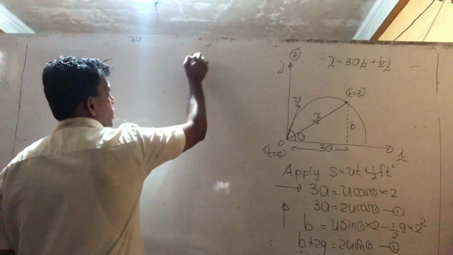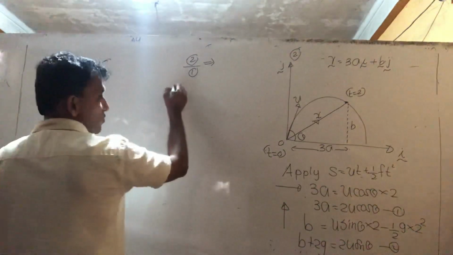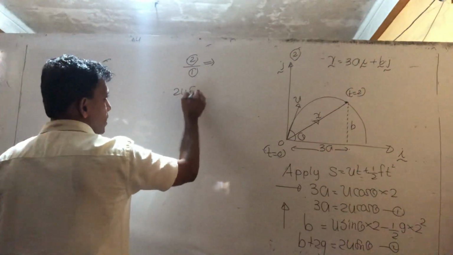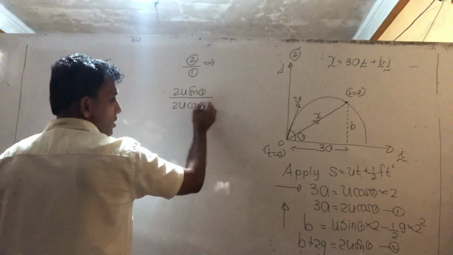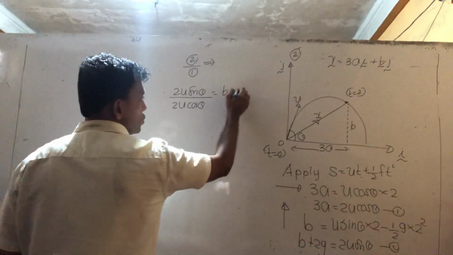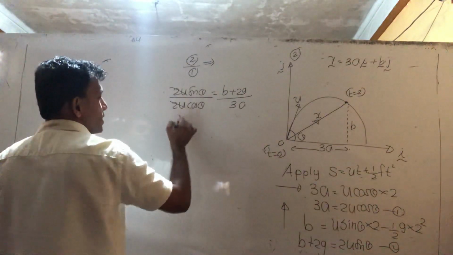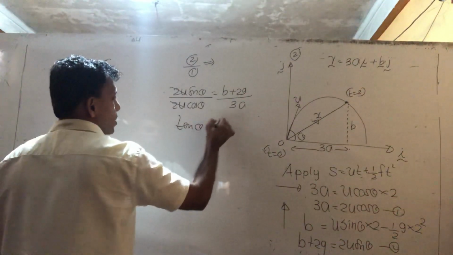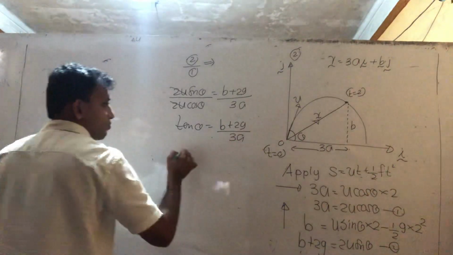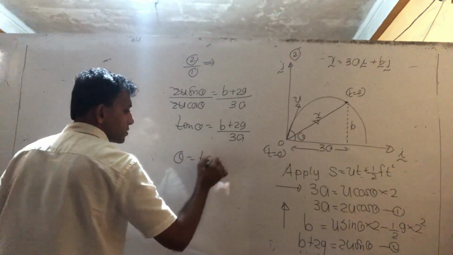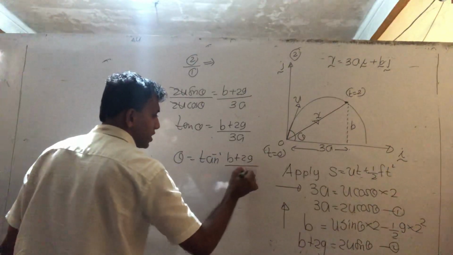Second equation divided by the first: 2u sin theta divided by 2u cos theta, and the other side b plus 2g over 3a. So tan theta equals (b plus 2g) over 3a. Therefore theta equals tan inverse of (b plus 2g) over 3a, right?